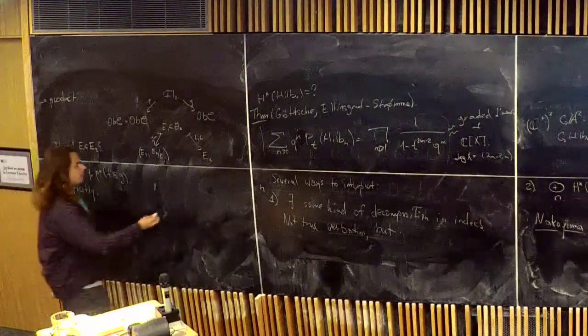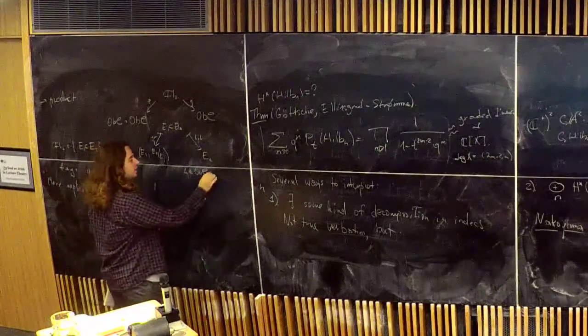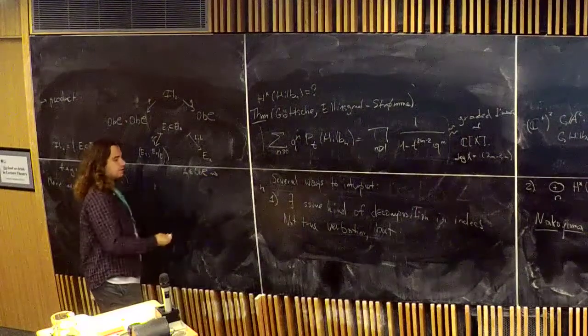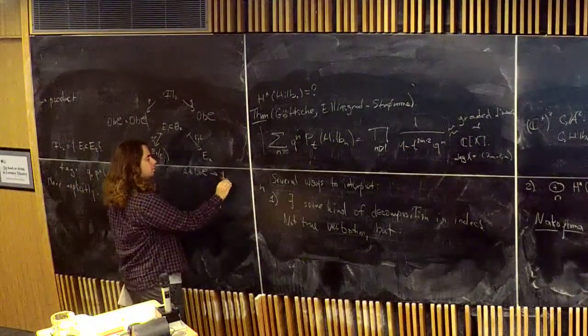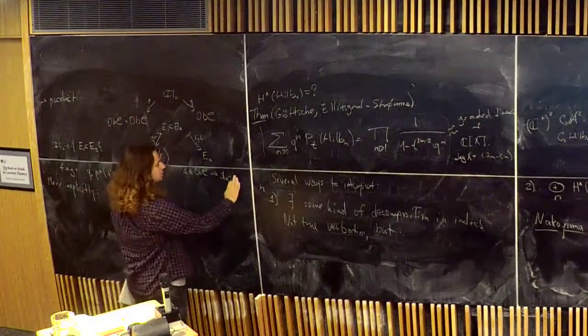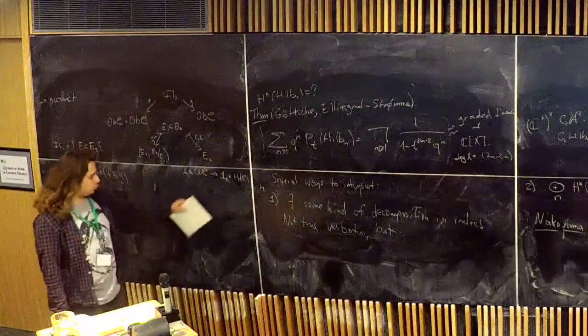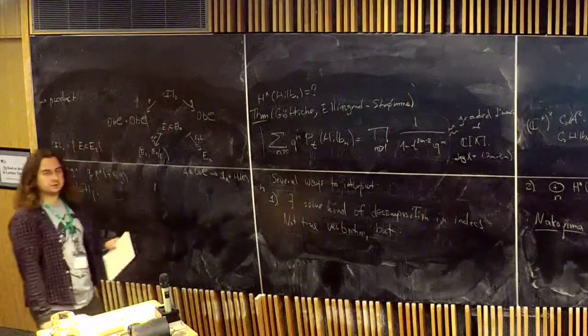So any object in my category, I can consider as a characteristic function, say in HC, which is going to be just 1 on this object, 0 everywhere else.